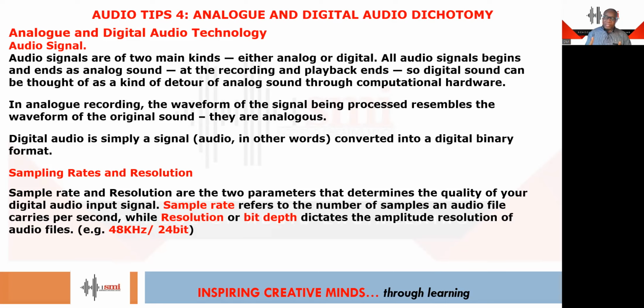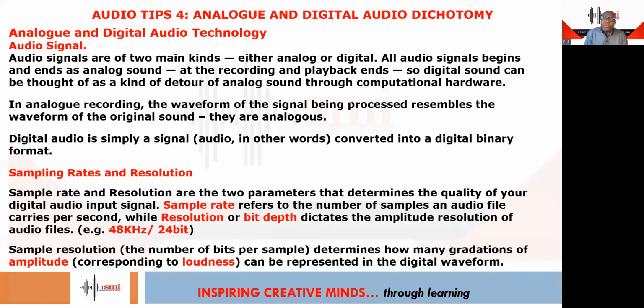We have 8 bits, we have 16 bits, we have 24 bits. Some even have 32 bits, in order to get the quality of the analog signal. So that is just the meaning of sample rate and resolution.